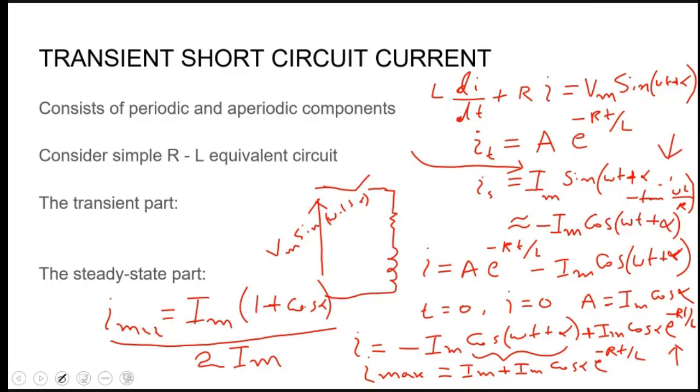So when we are referring to steady state conditions, 2 into Im, where Im means the maximum sinusoidal current, will appear at the start. This is the peak current, Imax, that will appear. Now, if alpha is equal to pi by 2, what will happen?